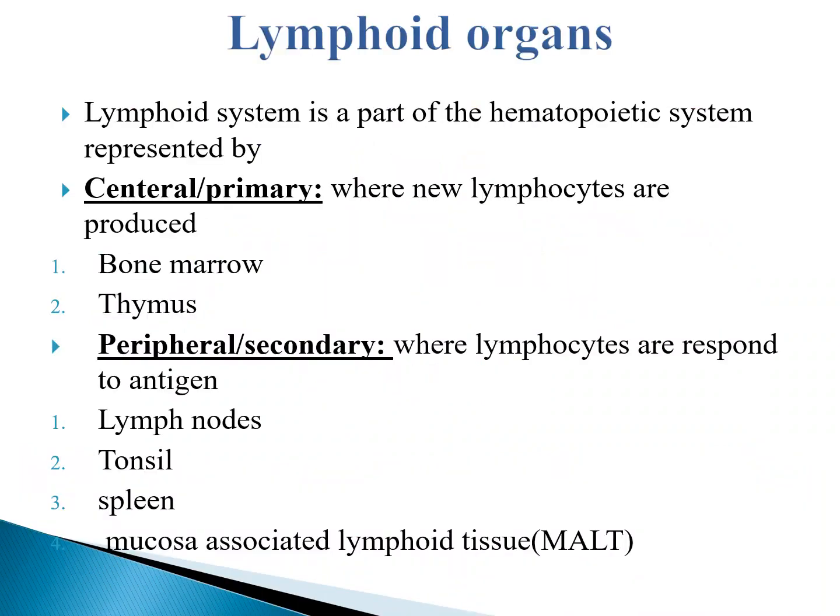عندي lymph organs. Lymphoid system is a part of the hematopoietic system represented by the central, primary, and the peripheral, secondary.